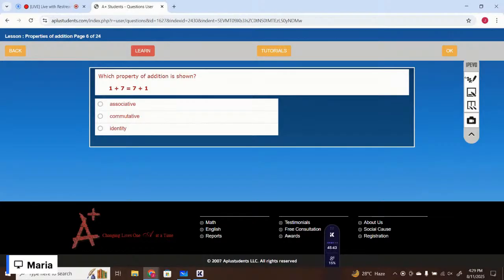Which property of addition is shown? 1 plus 7 equals 7 plus 1. That is the commutative property. Option number 2 is the correct option.